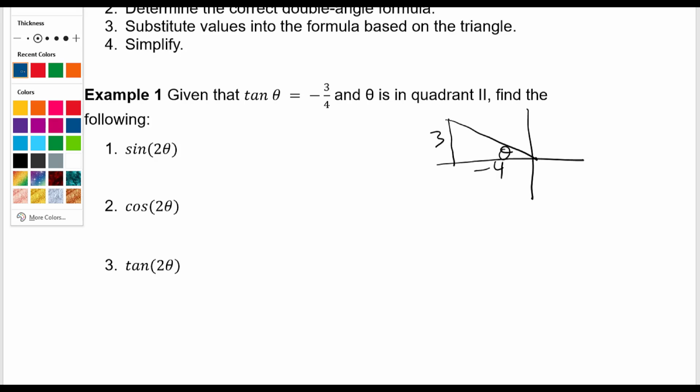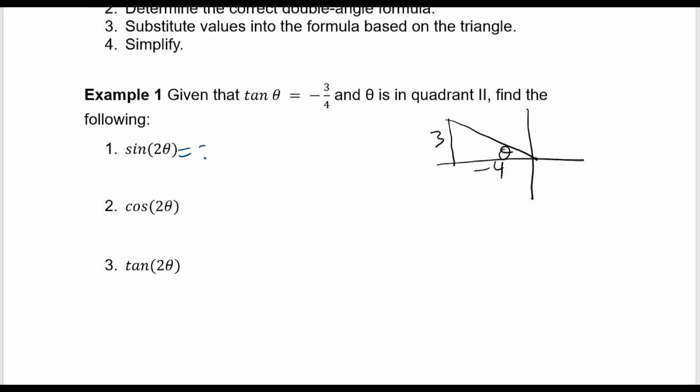So our sine of 2 theta is 2 sine theta cosine theta. So we have 2 times sine, and we need the hypotenuse, don't we? So that's going to be 3 squared plus negative 4 squared equals c squared. So 9 plus 16 is c squared. So 25 is c squared, so c is 5.